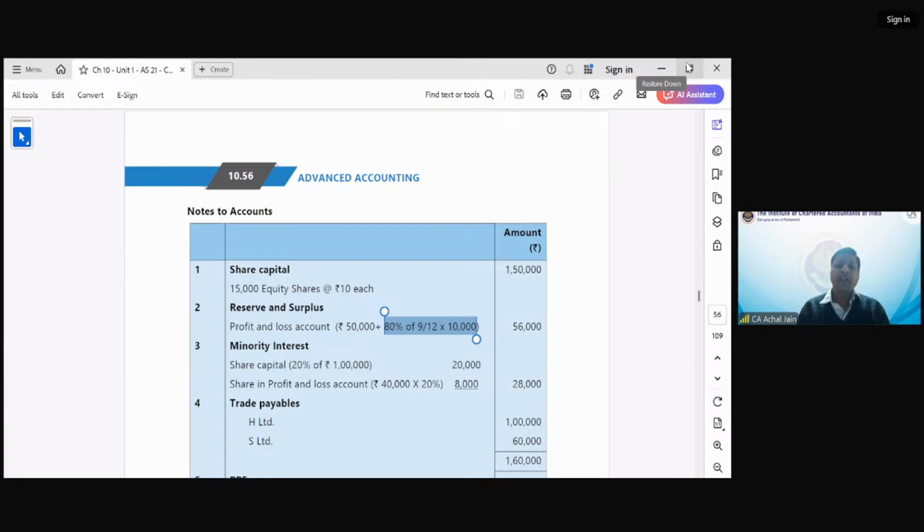So you will have to assume on a time proportion basis, which may not be the best assumption to use, but if nothing is specified, that is what you will do. Everyone clear? Any questions?